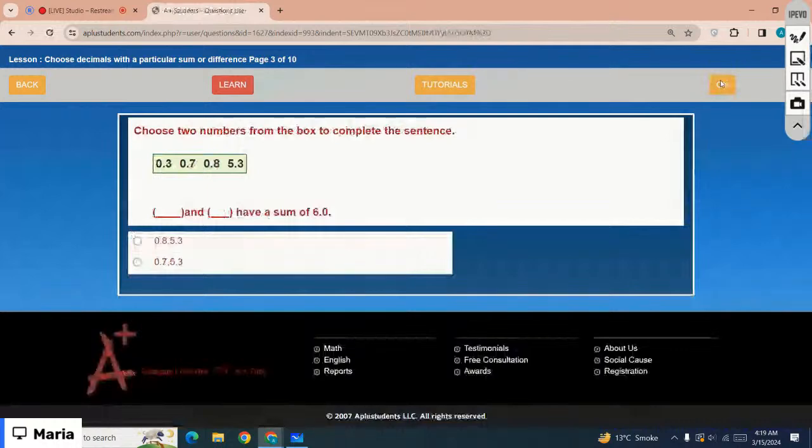Okay, choose two numbers from the box to complete the sentence. Dash and dash have a sum of 6.0. You have to find two numbers whose sum is 6. So, which two numbers have the sum 6?